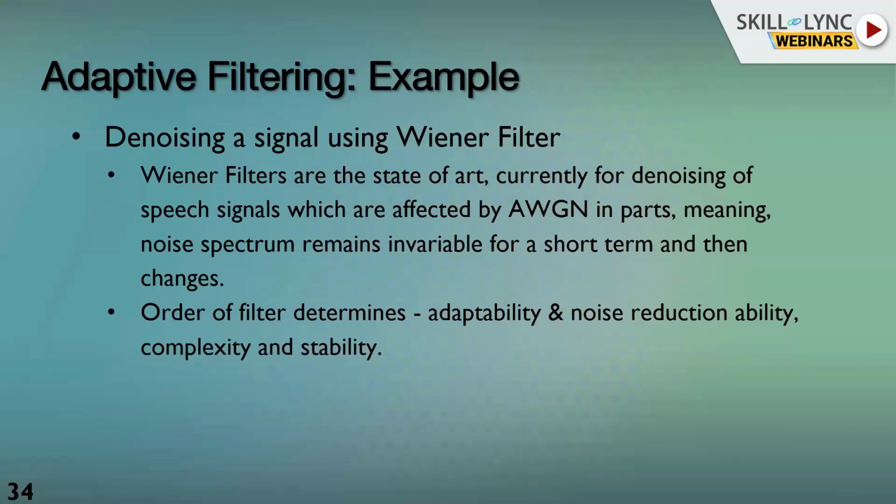It has to estimate the noise first and then cancel it out, and then give you the clean speech signal. This is where Wiener filters, which are state of the art, are very widely used in the speech signal processing industry.